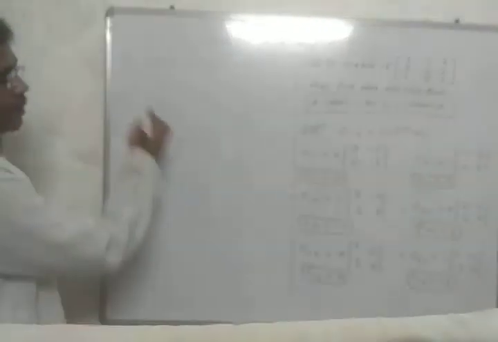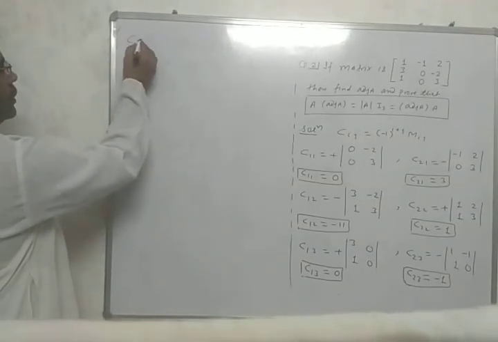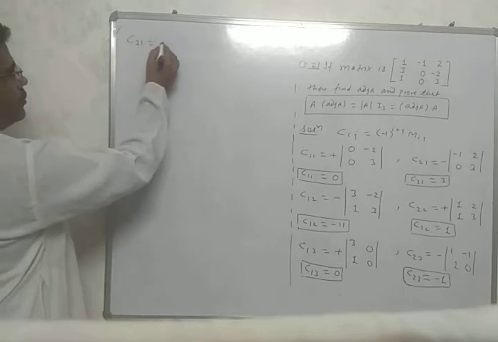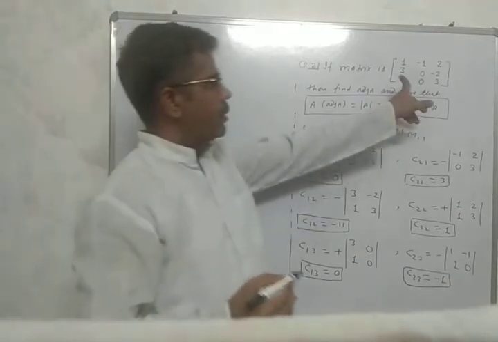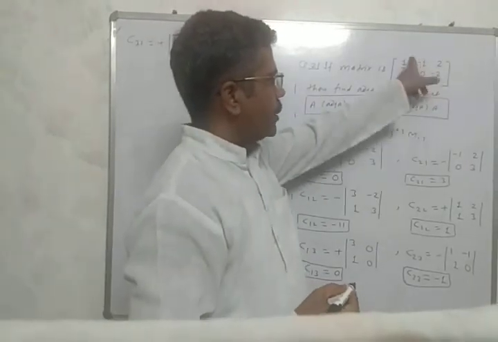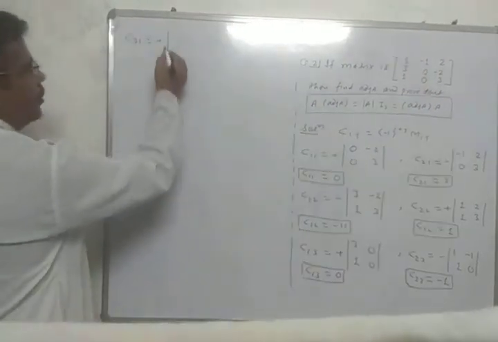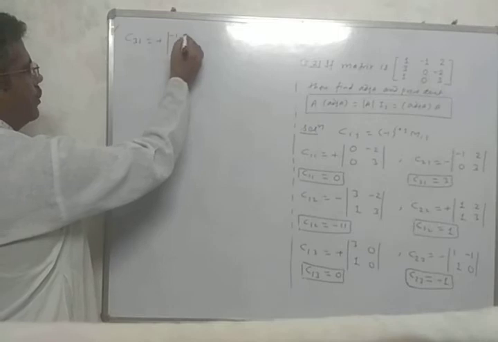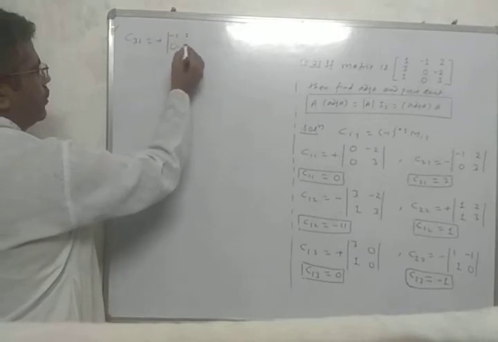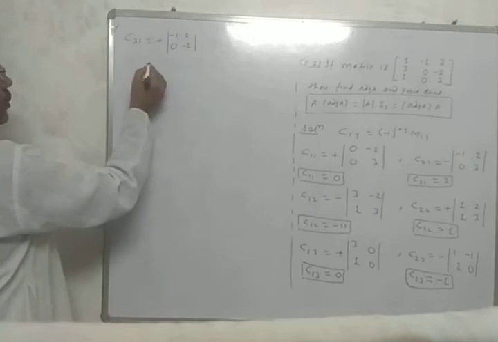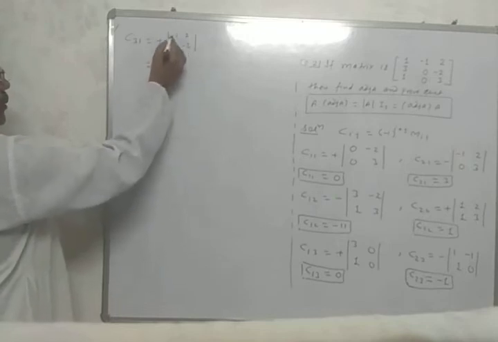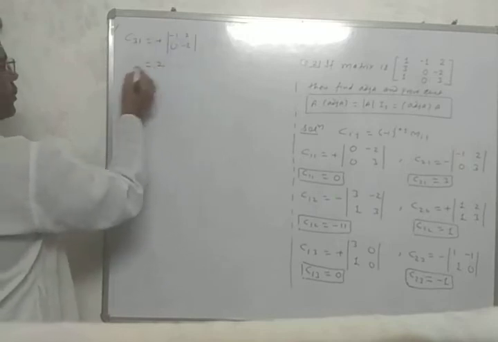Next, C31 is positive. We delete this row and this column. We get minus 1, 2, 0, minus 2, and we have minus 2 into 1, minus 1 is 2.